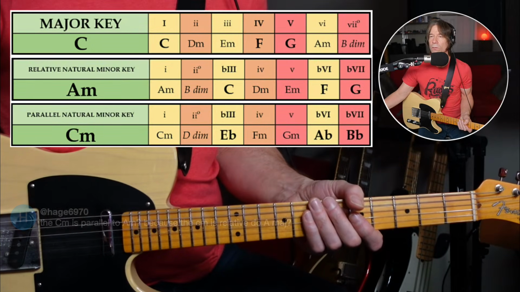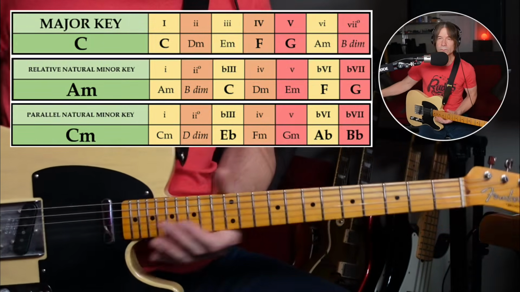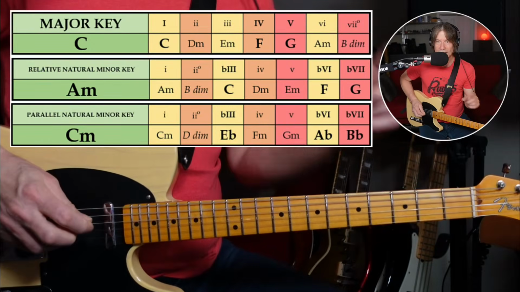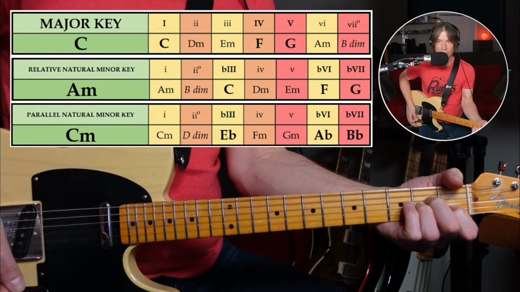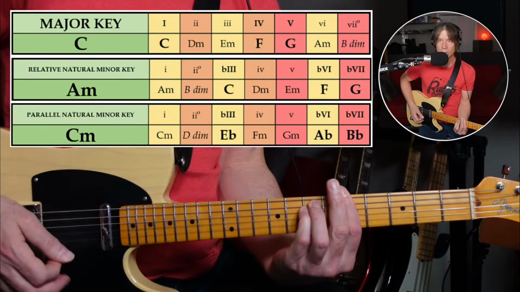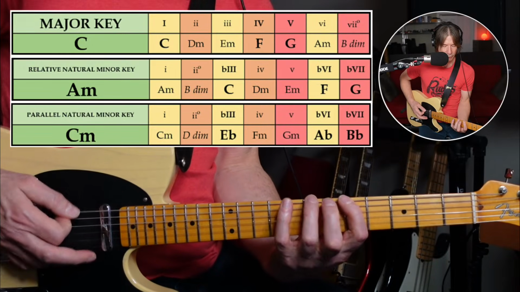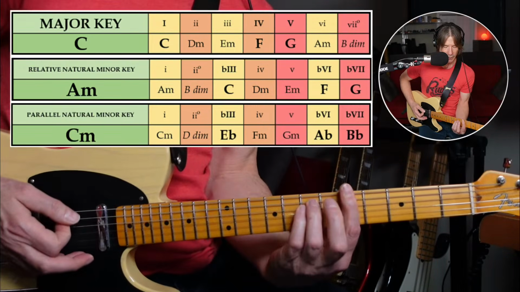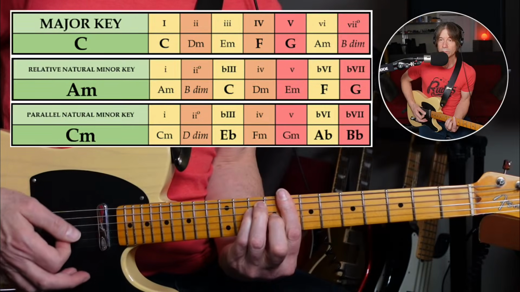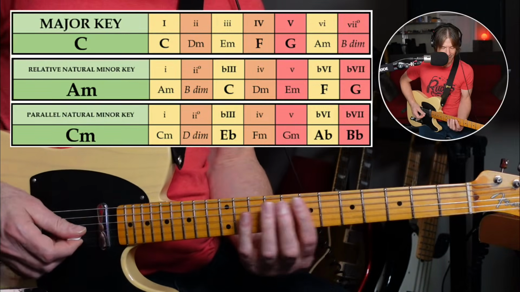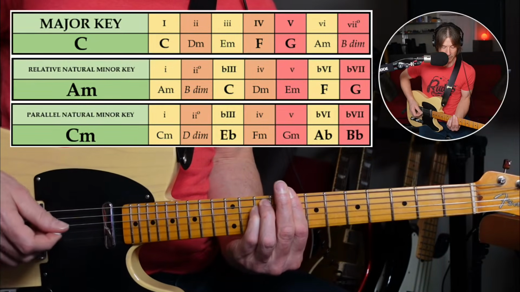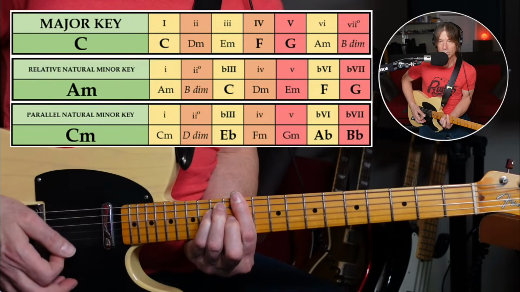And I'll show you right now why it is. Just like the A minor is relative to C major. Right? A minor, C major. C minor is relative to E flat.